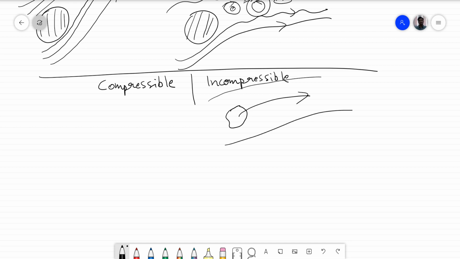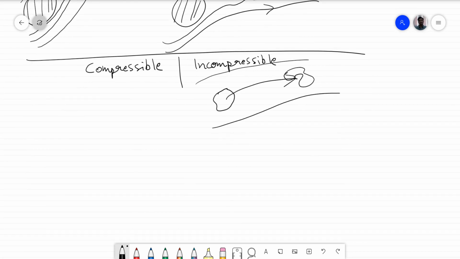So this boundary is imaginary that we have drawn. When it reaches some other position, the density of that patch, let's say this is a very small patch, negligible in size, the density remains constant, then it means that it is incompressible. So a constant density flow where the density does not change with time is an incompressible flow.